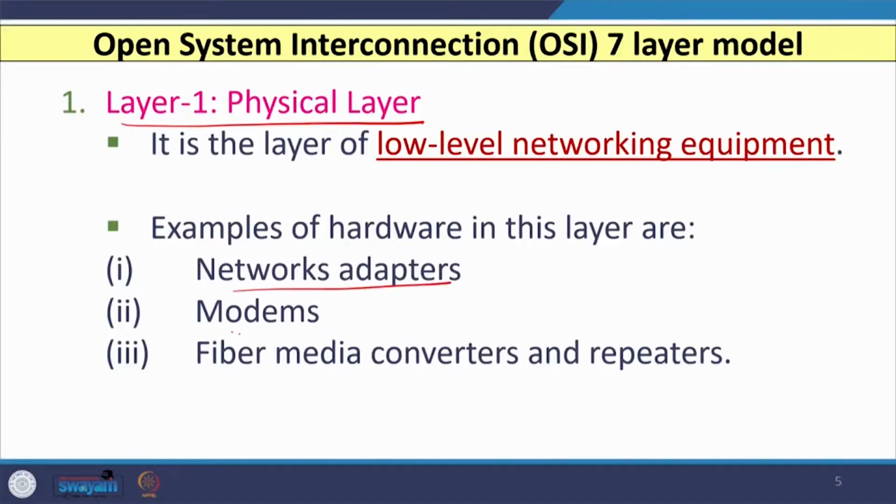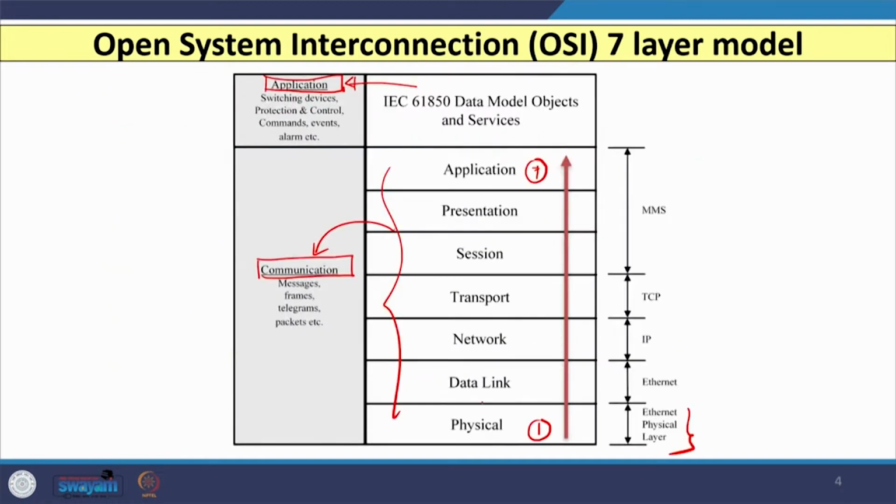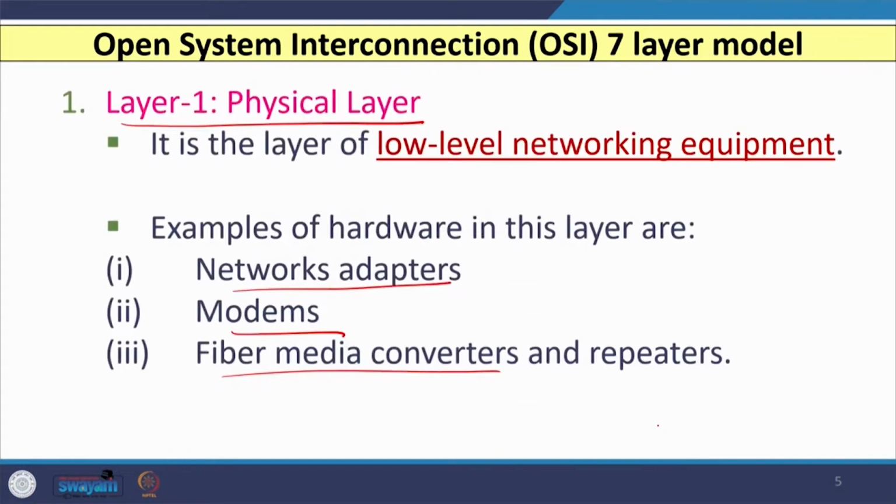Examples of hardware in this layer are network adapters, modems, fiber media converters and repeaters. That is why in the layout I have mentioned Ethernet physical layer. So, it is a layer of low level networking equipment.